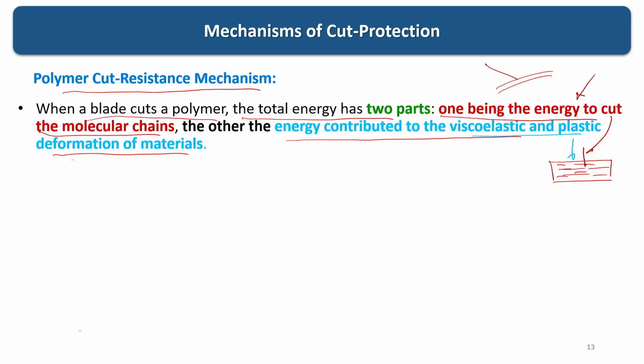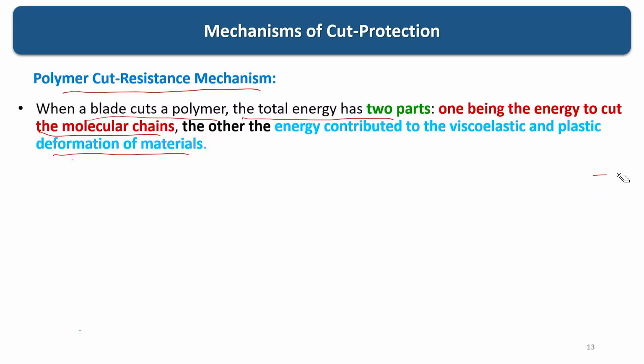That requires some energy, it will absorb some energy, and the rest of the energy will be used to cut the molecules. That means, when the molecule is cut, the polymer is separated into pieces.